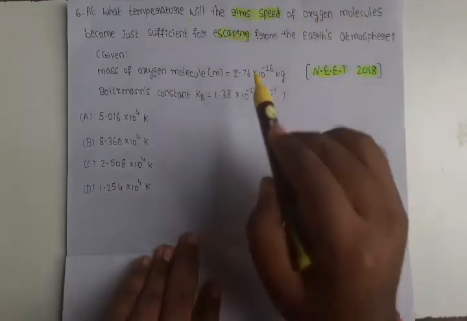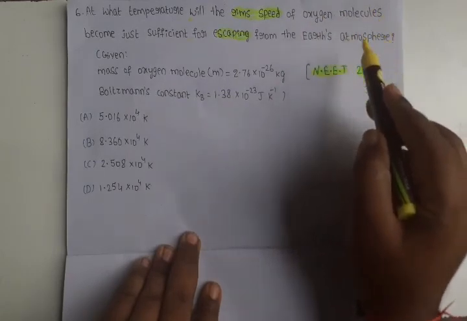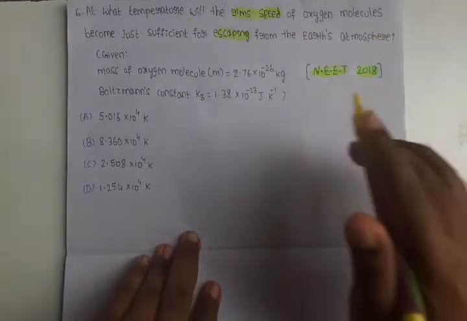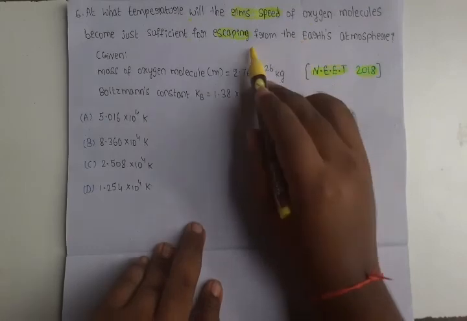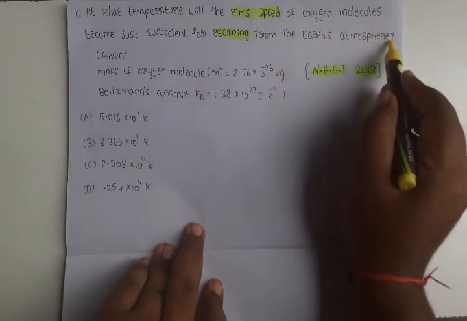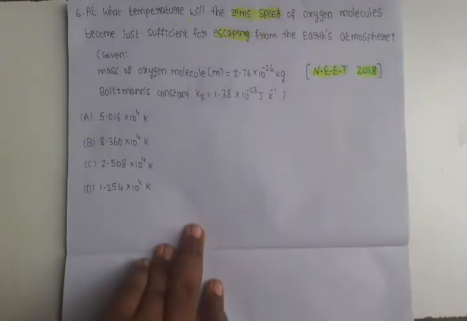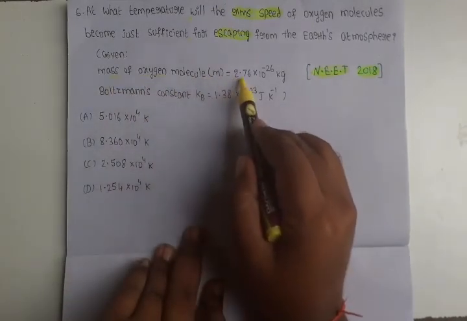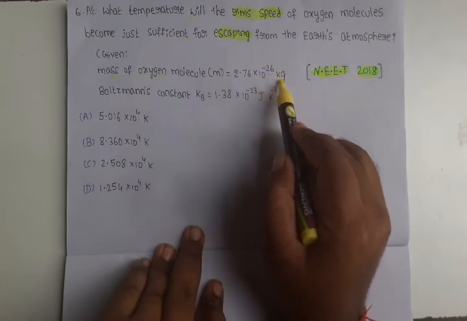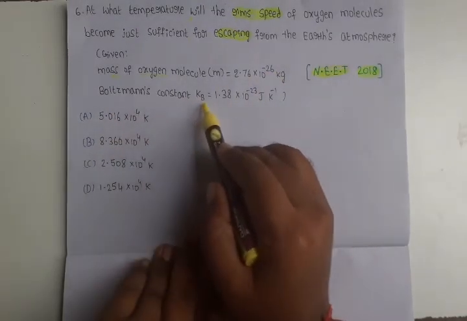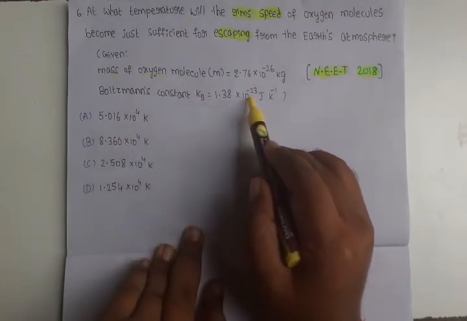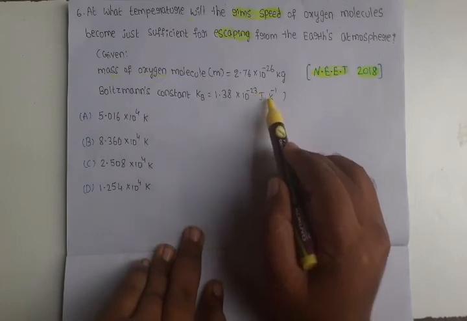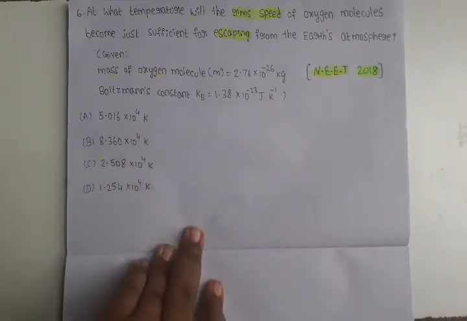Okay, here oxygen molecule is trying to escape from the earth atmosphere. Here mass of the oxygen molecule is 2.76 into 10 to the power of minus 26 kg. Next, Boltzmann constant kB equal to 1.38 into 10 to the power of minus 23 joule Kelvin inverse.